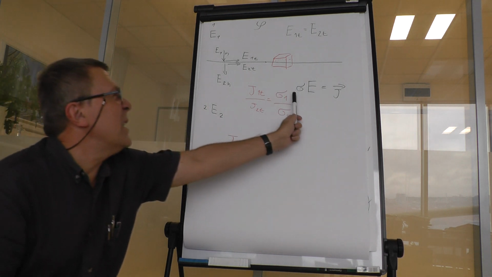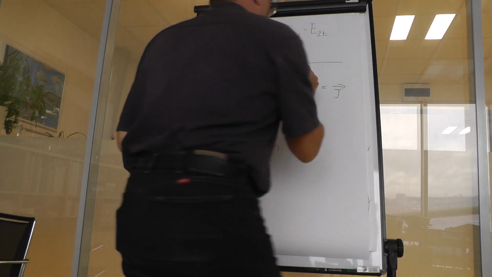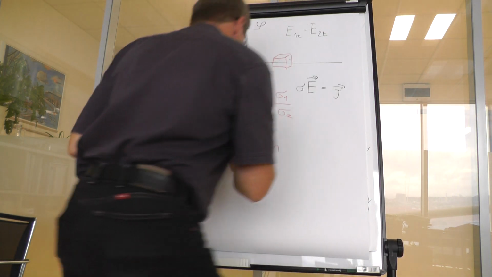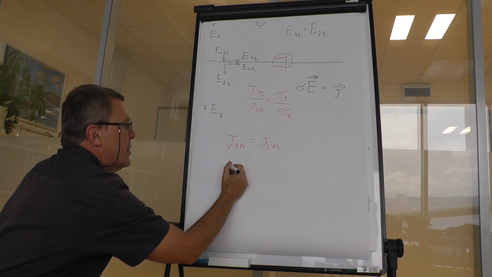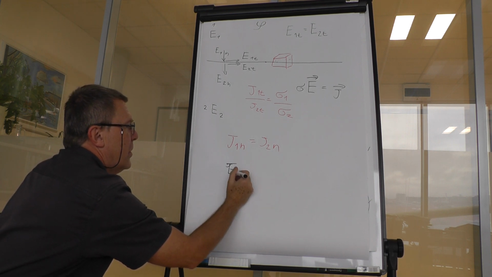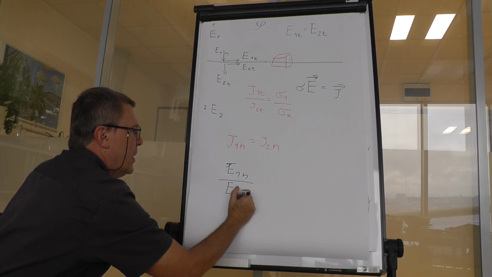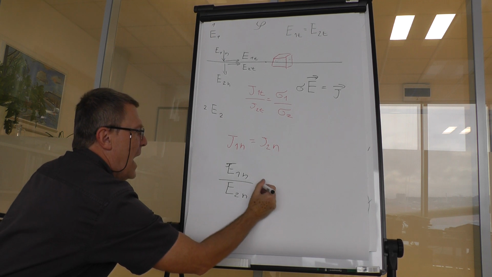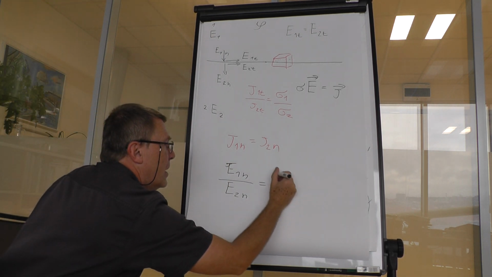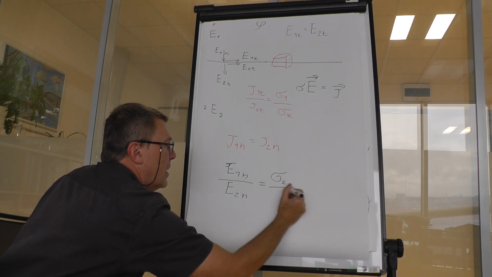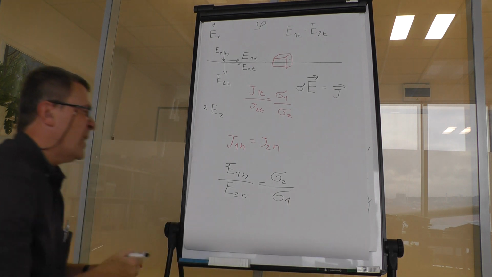Again, we would use Ohm's law in differential form, and we get E1 normal over E2 normal as a ratio of sigma 2 over sigma 1.